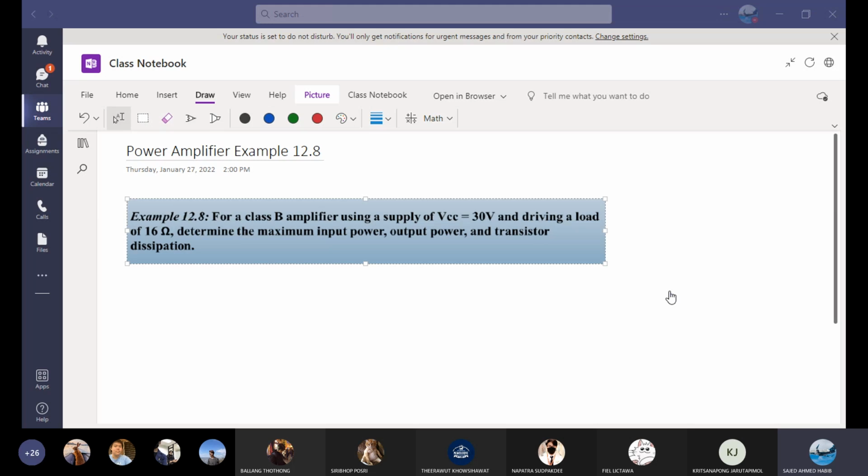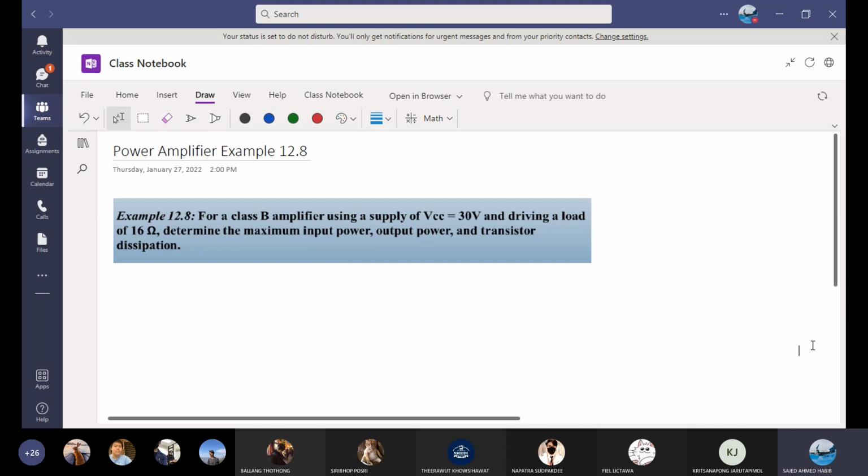Miss Johnny Khan, can you hear us? Okay, I'll put her in another problem. Michelle? Is Michelle present? Yes. Michelle, you'll do the last part, transistor dissipation. Dissipation means how much power is lost in terms of heat. And I'll guide you along the way.